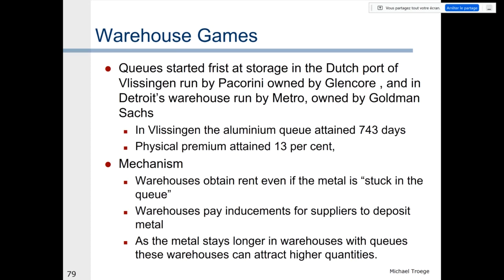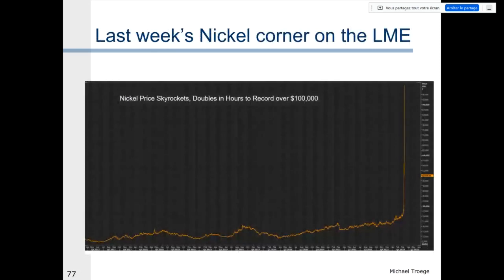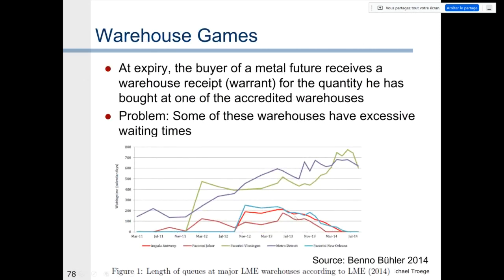And again, the question is, okay, was it intentional? Did somebody... So, I mean, the interesting thing is if you look at this graph, you can see that actually some of the warehouses had these huge queues and other warehouses were basically empty. Okay. Here you can get your aluminum directly. Okay.